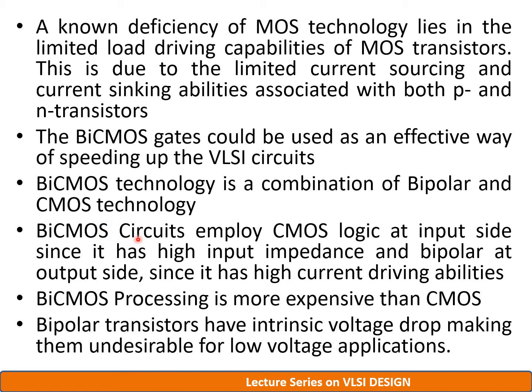In BiCMOS technology, CMOS logic is used at the input side since it offers higher input impedance, and BJTs are used at the output side because they have high current driving abilities. BiCMOS processing is more expensive than CMOS technology, and BJTs offer an intrinsic voltage drop, that is VBE equals 0.7, making them undesirable for low voltage applications.